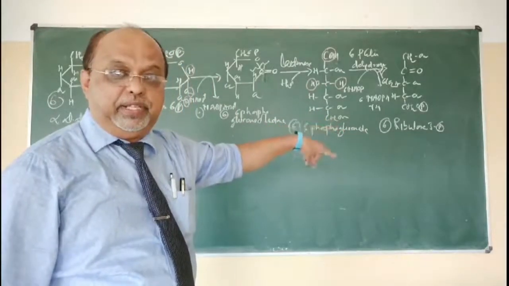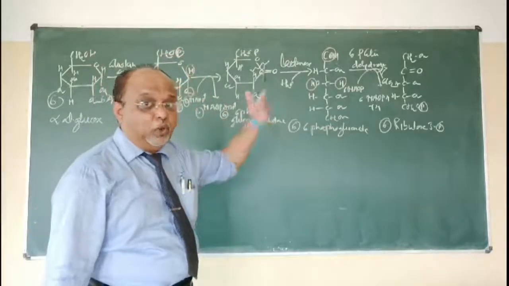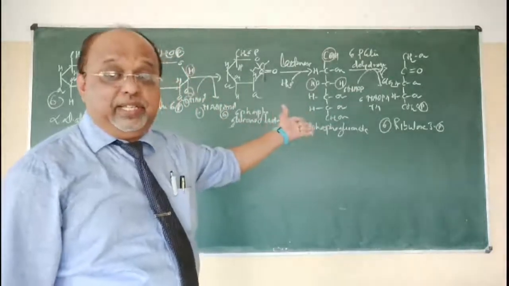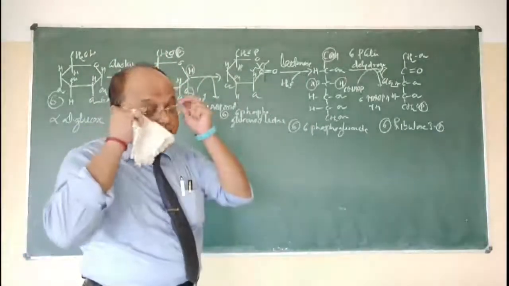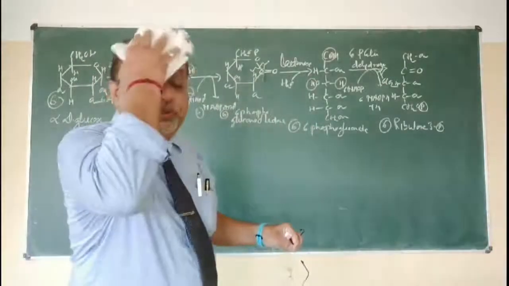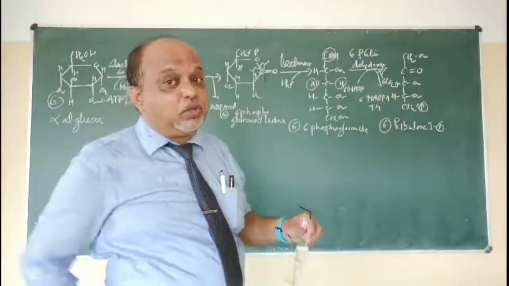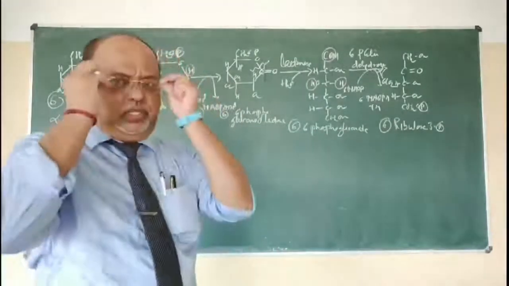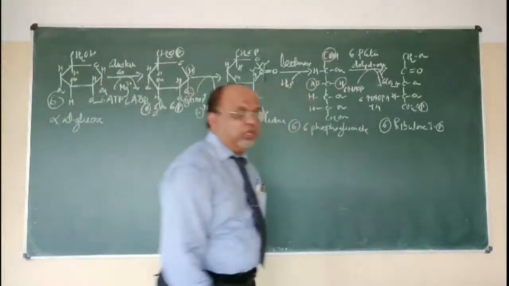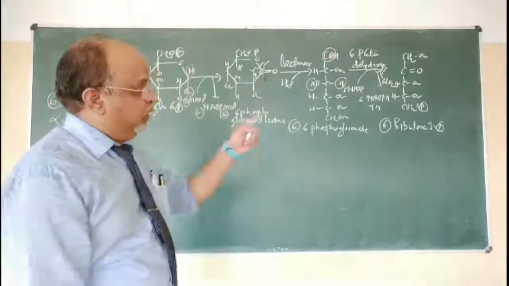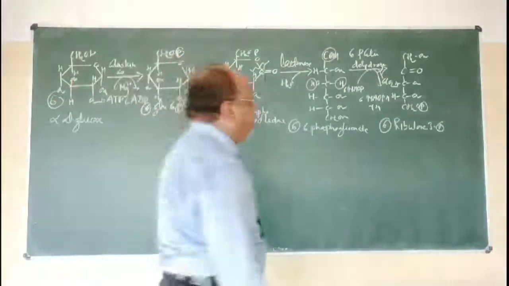That means 1 carbon is reduced, and how many molecules are there? 6. That means 6 carbon atoms are removed in the form of carbon dioxide, a loss of 1 hexose. Now this ribulose 5-phosphate, a pentose, can be used for another biosynthetic purpose.